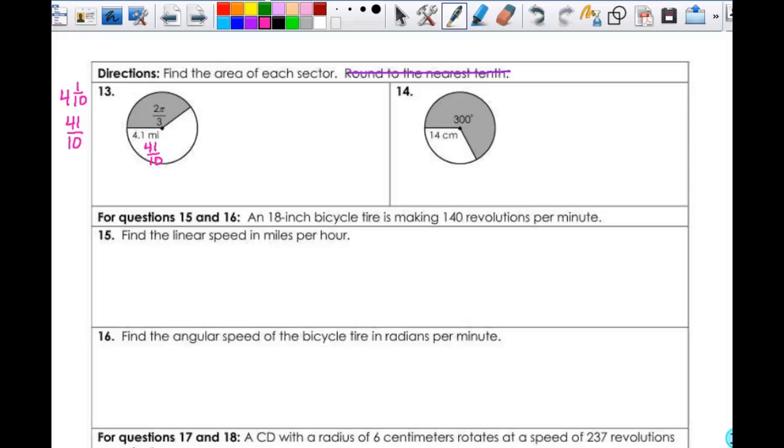To find the area here, area is equal to 1/2 theta r squared. So this is 1/2. My theta is 2 pi over 3 times 41 squared. Oh, not 41 squared, 41 over 10 squared.